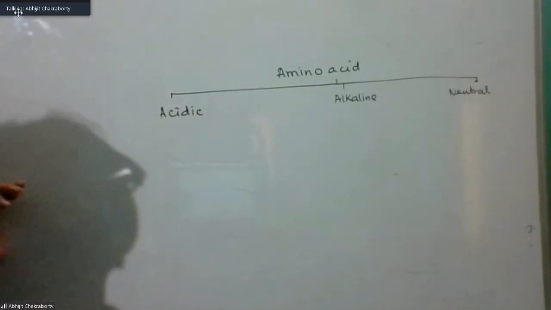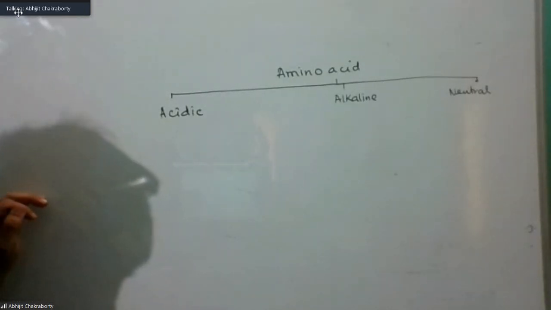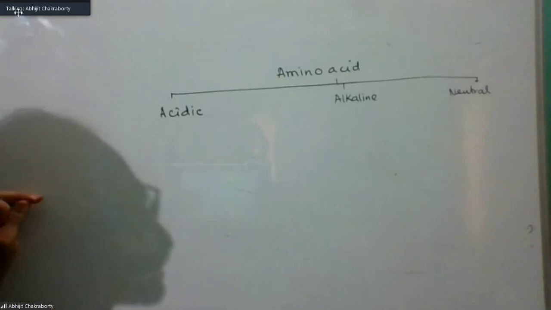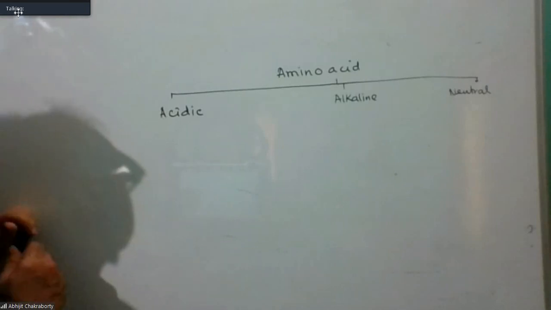You can classify amino acids into acidic, alkaline and neutral types.